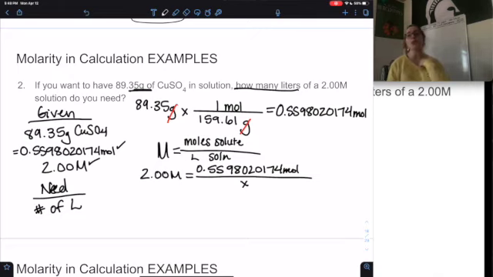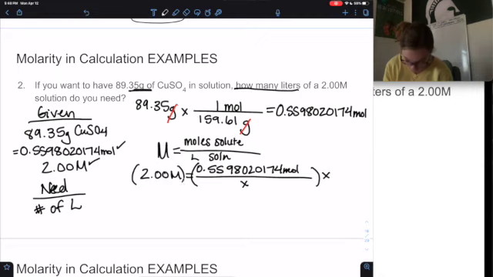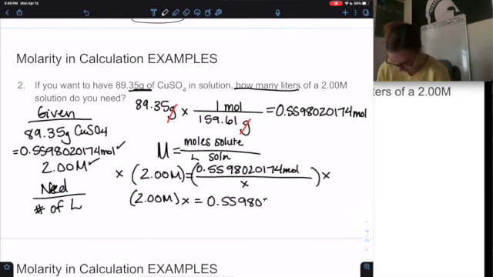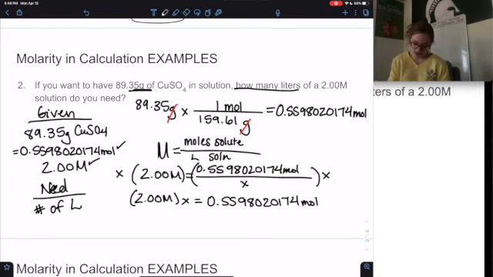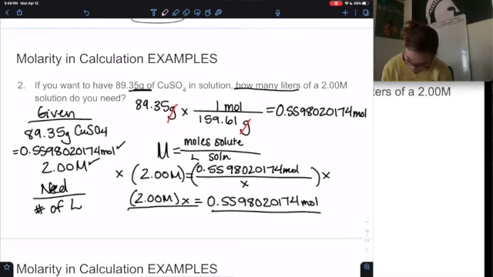Again, there may be multiple ways to solve this problem. What I am going to show you is how I would solve it. I would multiply both sides by X, so that what I'm left with is 2.00 molar times X equals 0.020174 molar. From here, I'm going to divide both sides by my 2.00 molar. I should have done this before, but it doesn't matter.